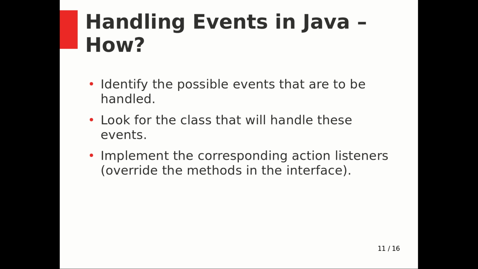In the previous case, the event is the action event, and the corresponding listener class will be action listener. Here we need to implement the methods of the action listener, and that is how we make event handling possible in our programming.